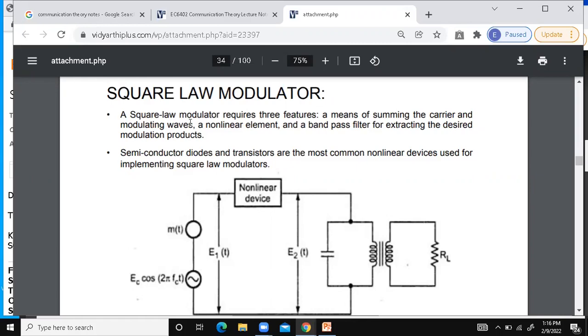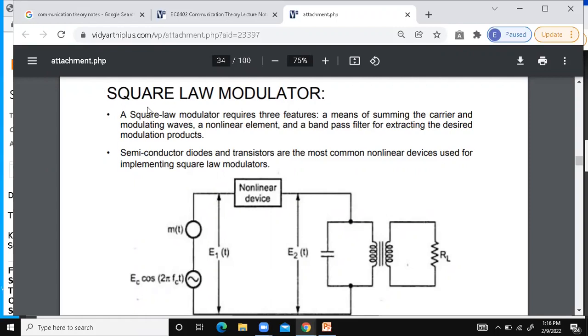Remember, what did we say a modulated signal consists of? It consists of the carrier signal and the message. Right?